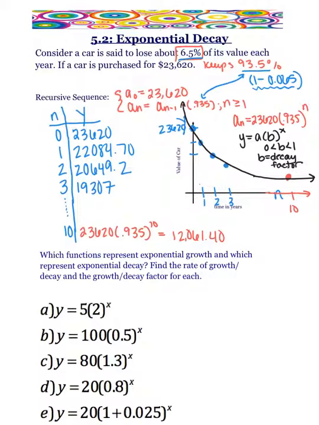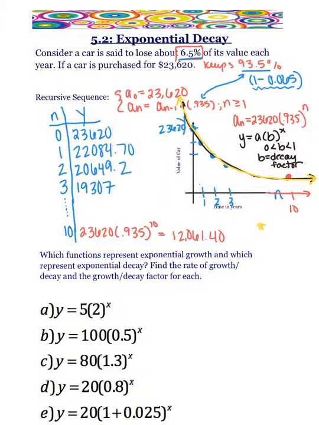Because of this x value being in the exponent, I can't think of any x values that I would plug in that would make that y value negative. So as x goes to infinity, the function y is going to get closer and closer to 0, but it's never actually going to dip negative, and that's because of my properties of exponents.